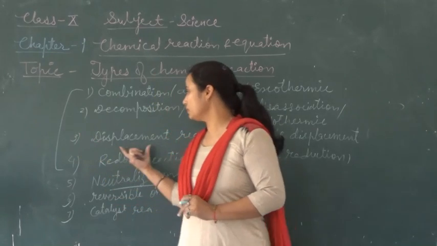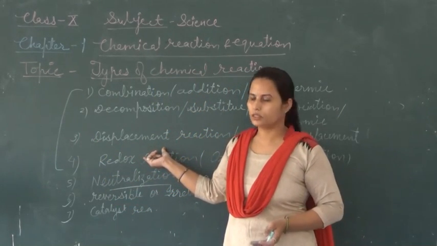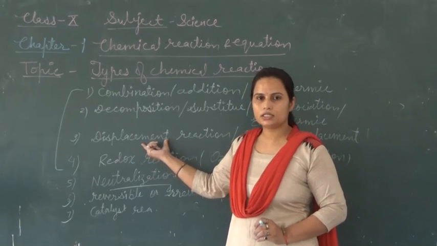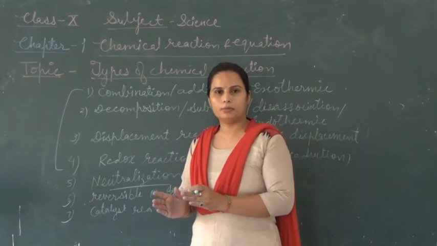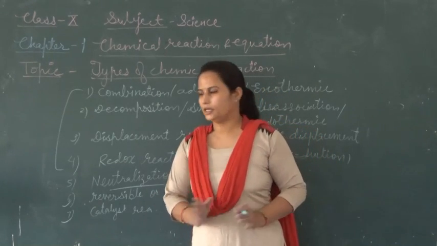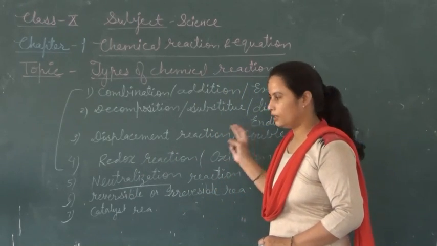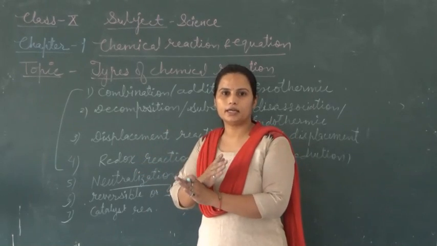And this is only possible when you remember the reactivity series, which I will tell you in the next lecture. So the definition of displacement reaction is a type of reaction in which the most reactive element replaces the least reactive element.